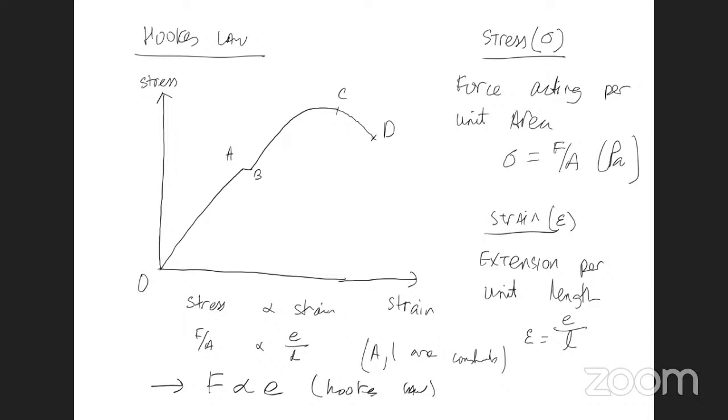A is the proportional limit, beyond which Hooke's law is no longer obeyed.